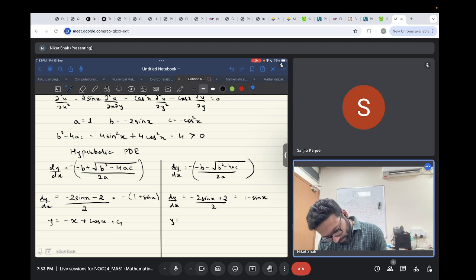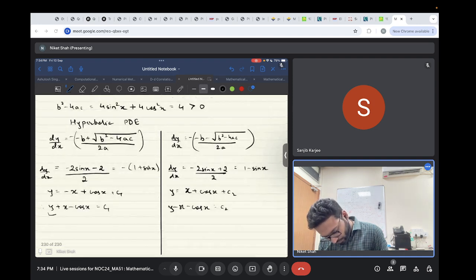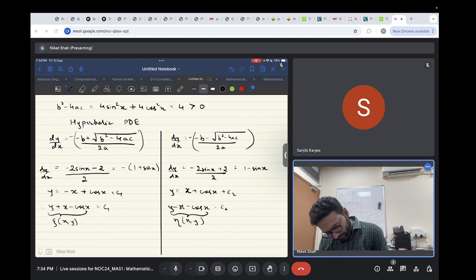Here what does it become? x plus cos x plus c2. Therefore y plus x minus cos x is equal to c1. y minus x minus cos x is equal to c2. So this we can take as zeta of x comma y, and this we can take as eta of x comma y. Therefore zeta of x comma y is equal to y plus x minus cos x, and eta is equal to y minus x minus cos x.